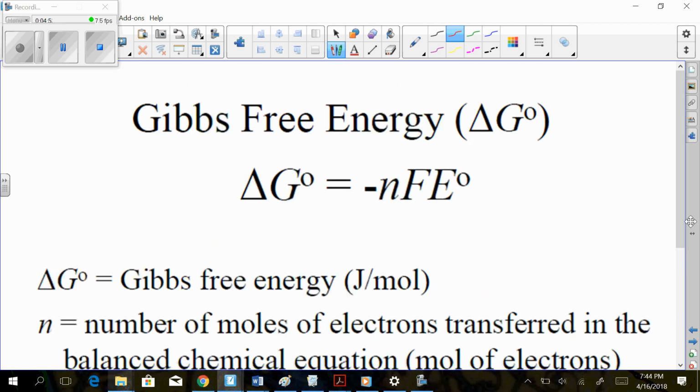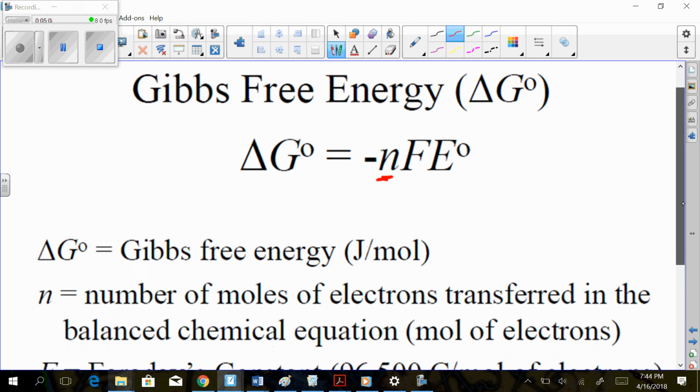The equation to use with that reaction that would help tell us that is this Gibbs free energy equation, in which delta G equals negative nFE, where n is the number of moles of electrons transferred in that reaction.